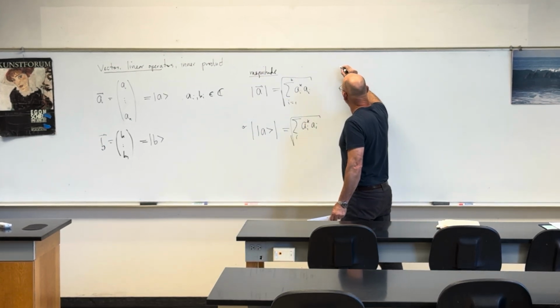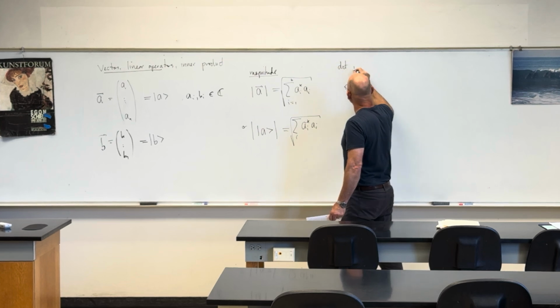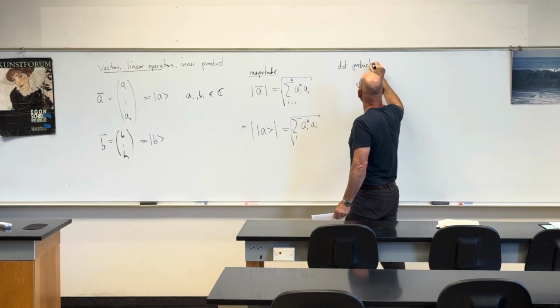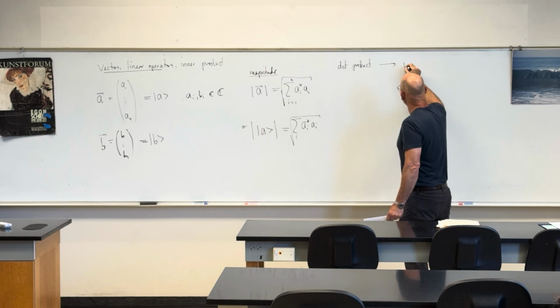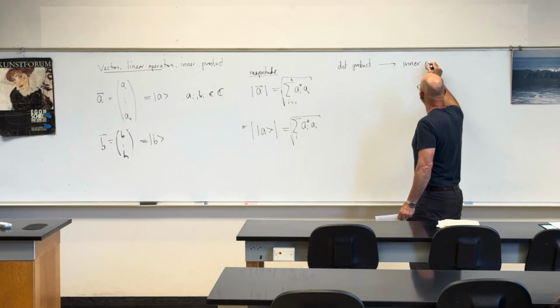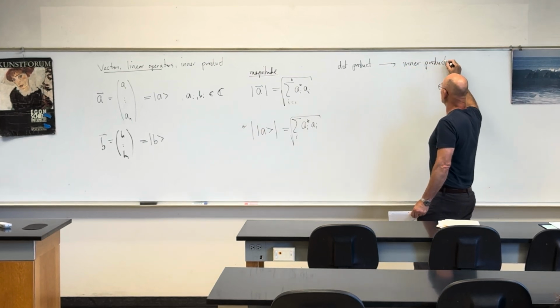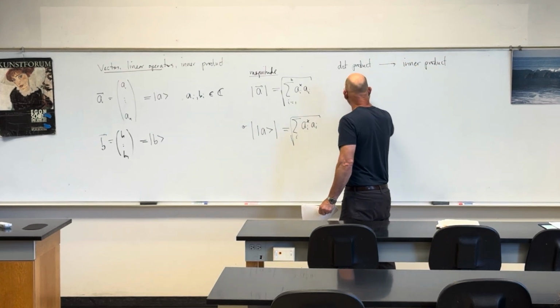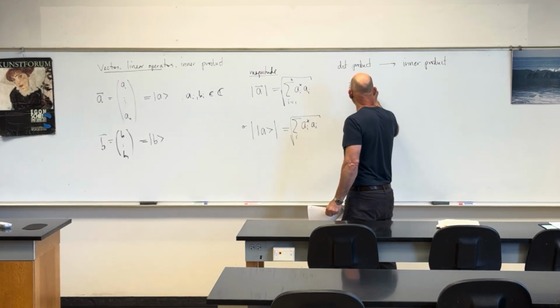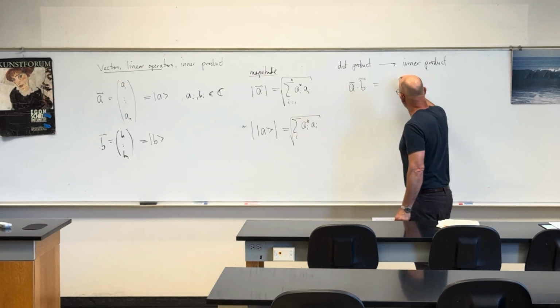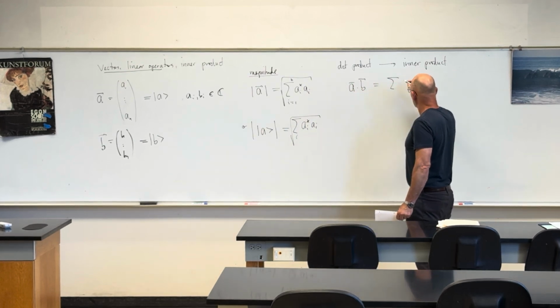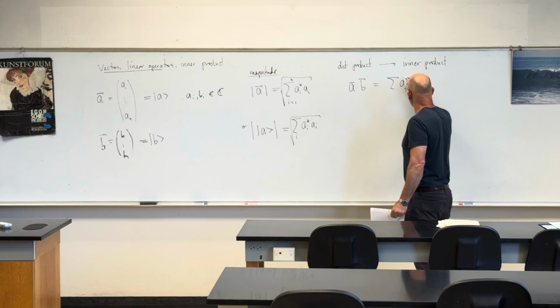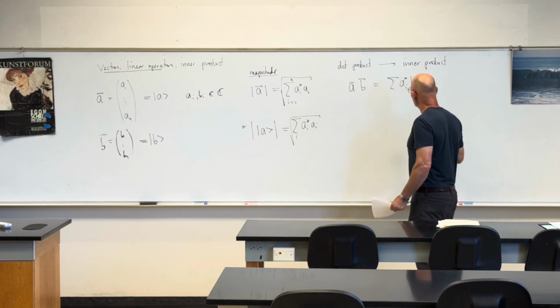Then we have the dot product when we started out with our arrows, and that's the inner product in general. A dot B, through the arrows, we had A sub i star B sub i.